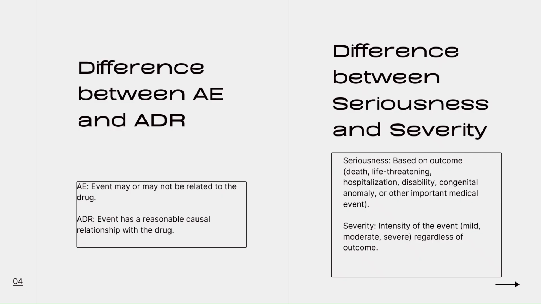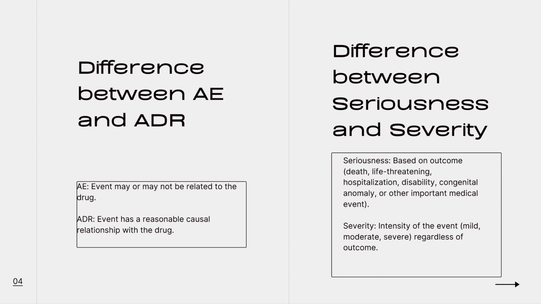And then another major question which is usually asked is the difference between AE and ADR. AE is an event that may or may not be related to the drug, and ADR is an event that has a reasonable causal relationship with the drug. If we talk about the difference between seriousness and severity, then seriousness is usually based on the outcome that we discussed during the ICH E2A guideline.